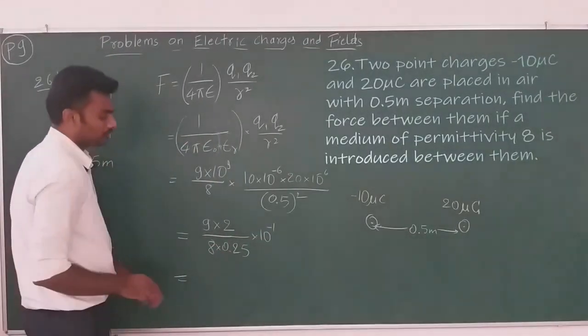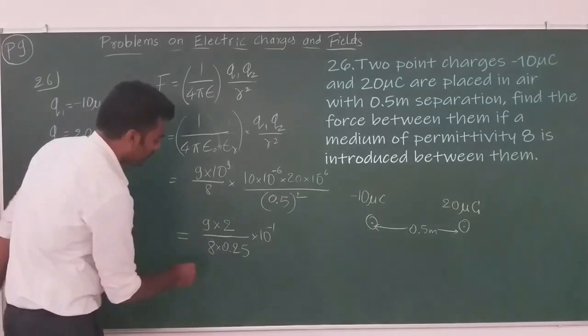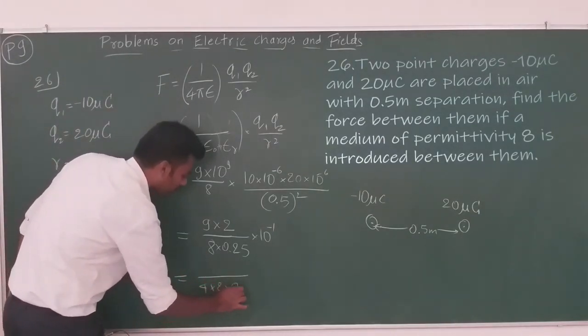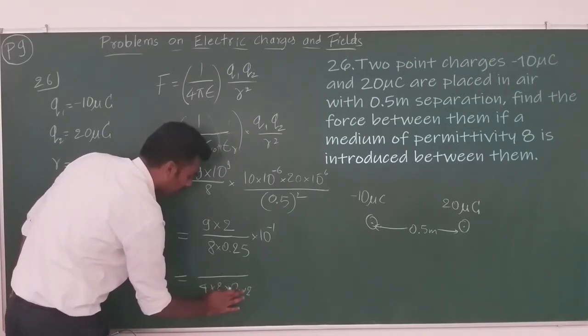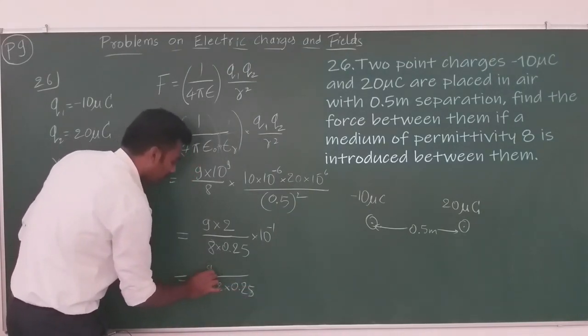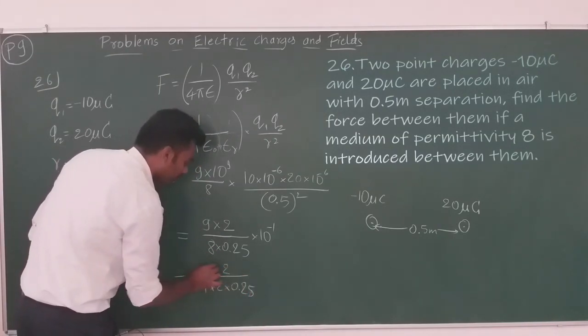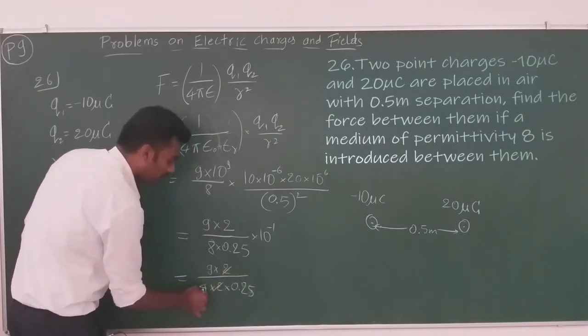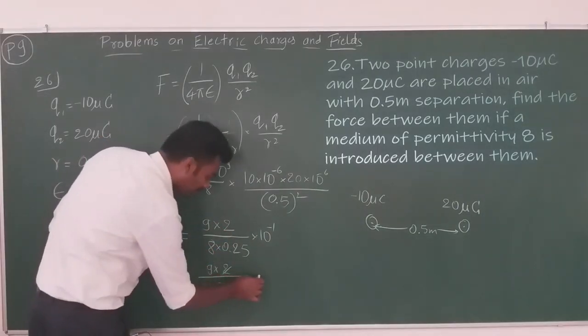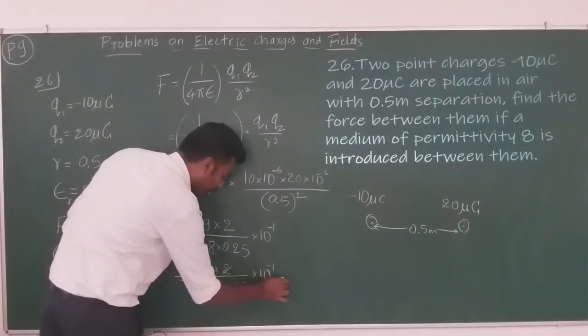Now, this 8 can be written as 4 into 2, into 0.25. 8 is written as 4 into 2, and 9 into 2 in the numerator. The 2 and 2 cancel. 4 into 0.25 is 1, you should know that, into 10 to the power of minus 1 remains.